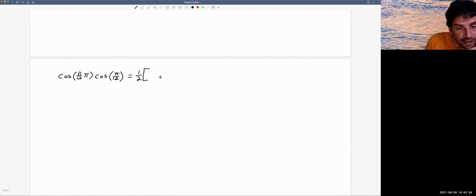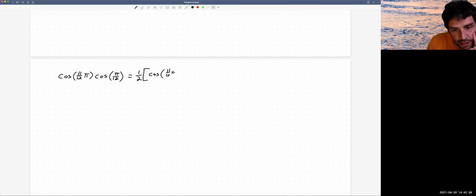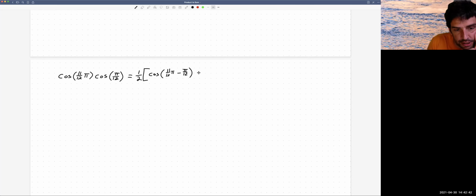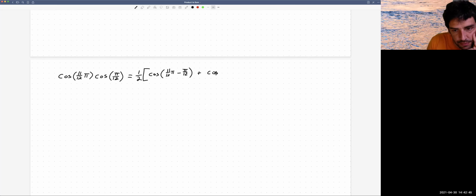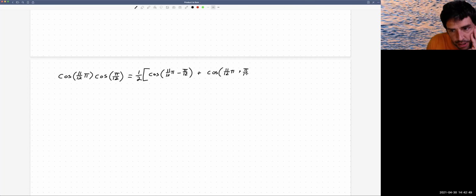So in this case, that's going to be 1/2 times cosine of 11/12 pi minus pi over 12 plus cosine of 11/12 pi plus pi over 12.